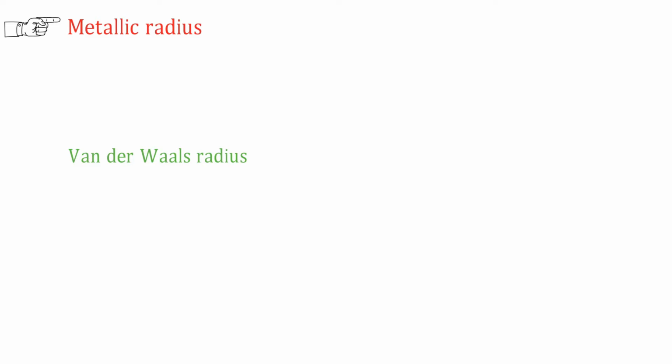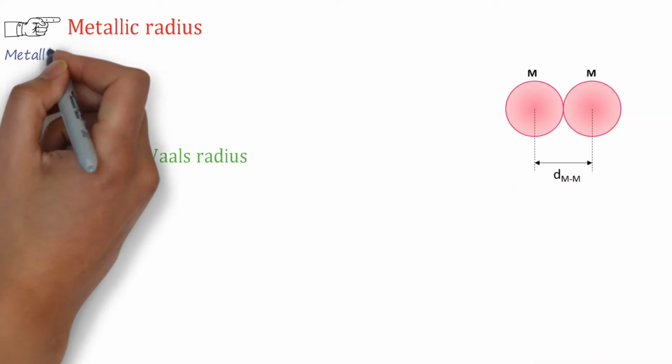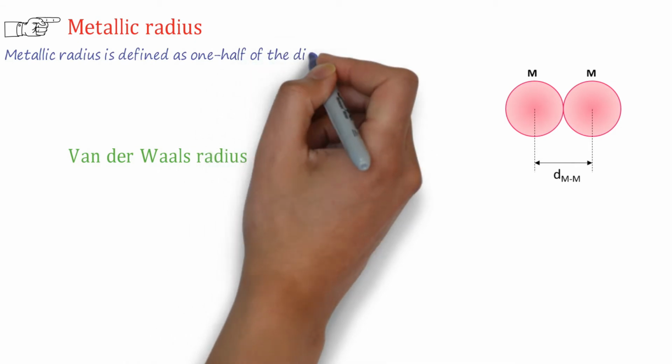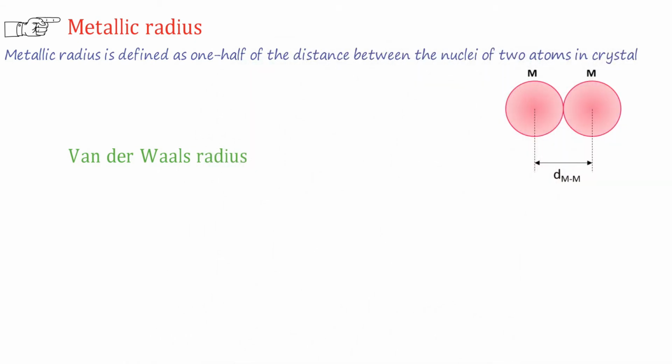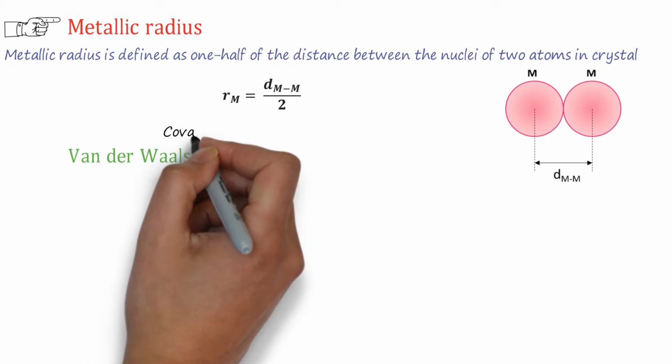Therefore, for metals, the term metallic radius is used. It is defined as half of the distance between two successive nuclei of two adjacent atoms in a metallic close-packed crystal lattice. Mathematically, we can write Rm is equal to dmm divided by 2, where dmm is the internuclear distance between two metallic atoms.